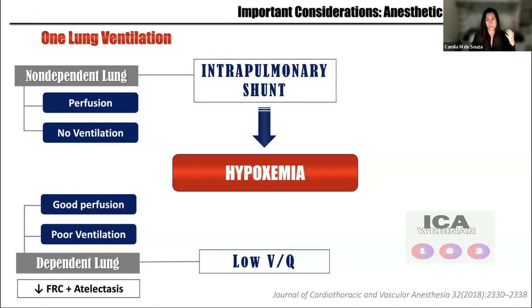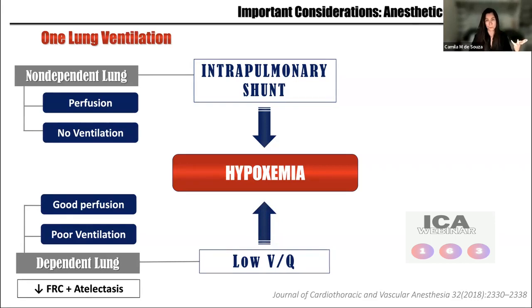Muscle relaxation, the weight of abdominal organs and mediastinal structures compressing the dependent lung. Also, the lateral position, all these things combined contribute to an increase in number of units with low VQ ratio, creating shunt in the dependent lung that also contributes to hypoxemia.